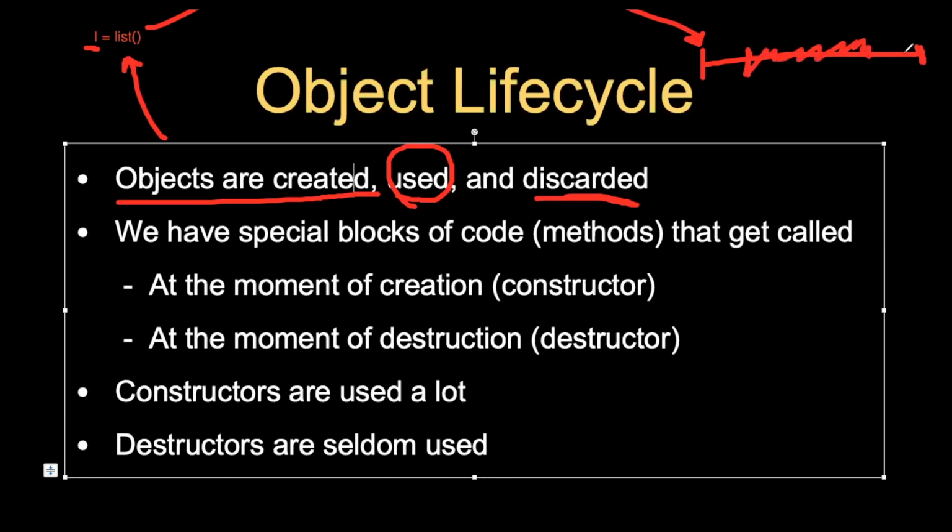At some point, it's probably not going to be used, but it's going to be used again. Sometimes it doesn't get used. But towards the end, the discard happens when the program exits. And that's how the entire object life cycle is delineated from the beginning of its life to the end of its life, right?